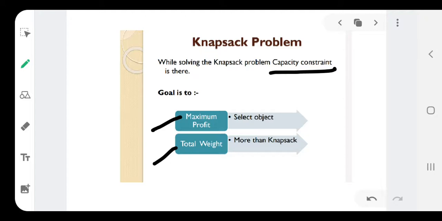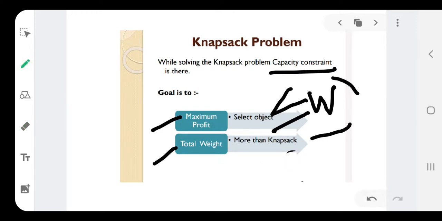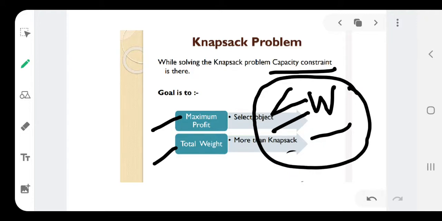If we select some objects from 1 to n, the total weight of the selected objects should be less than or equal to the knapsack capacity, which we represent with the capital symbol W.